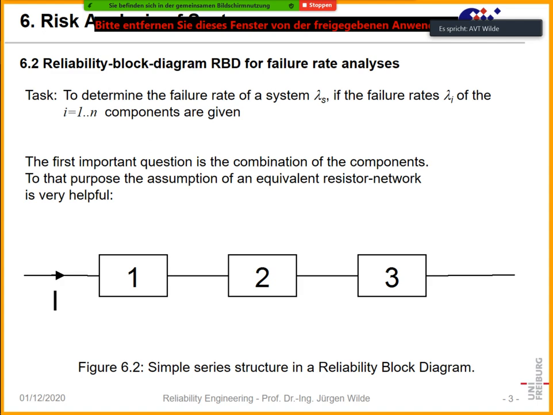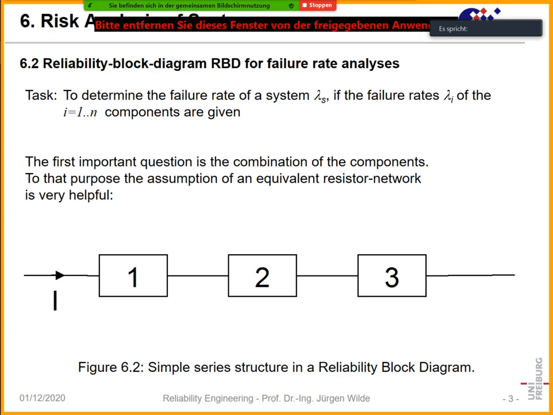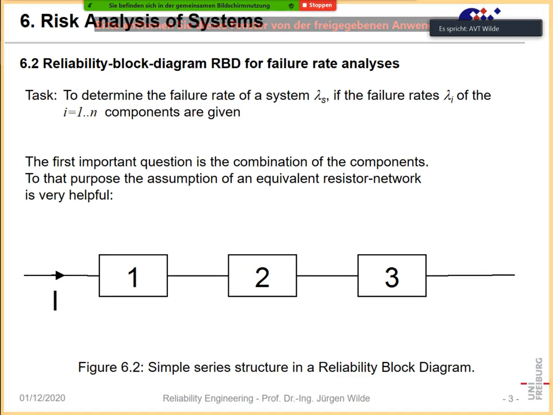Okay. But now let's make a deduction of, for instance, the parts count method. Imagine we have a printed wiring board, and on that printed wiring board we have a certain number of devices, and the printed wiring board assembly will fail when any of the devices will fail. So you can make an analogous model where you say, just in your imagination, all devices which are there are resistors, and all are switched in series.